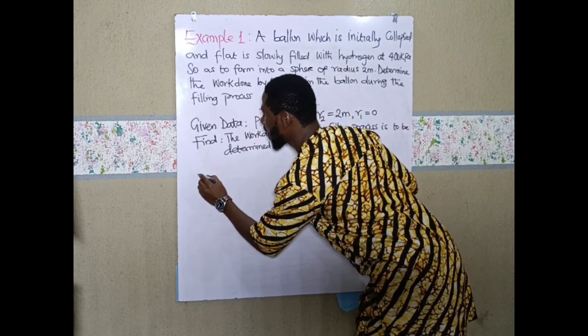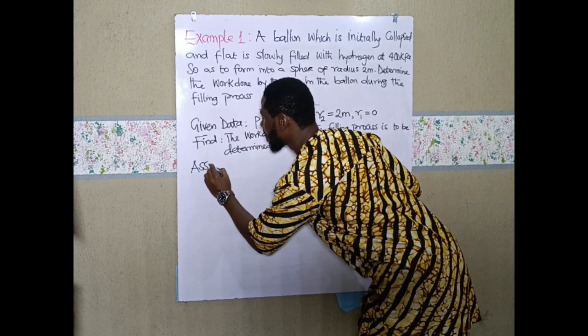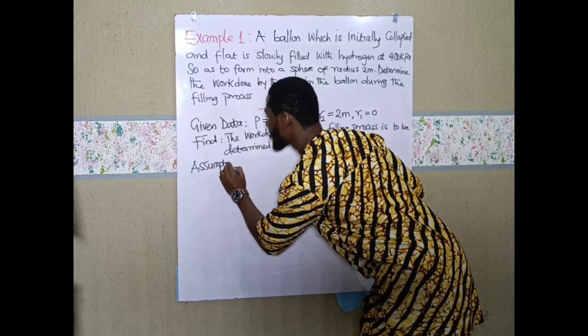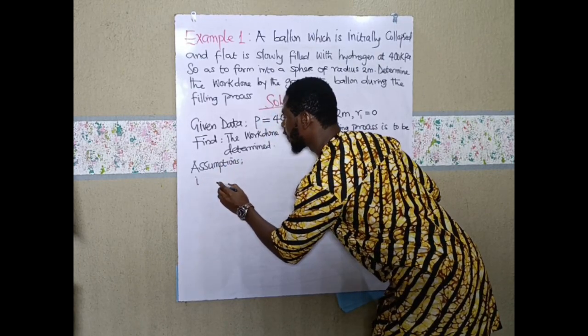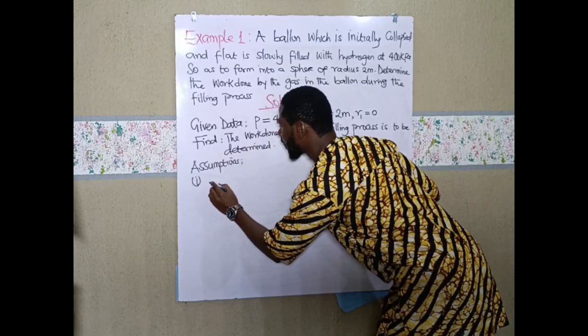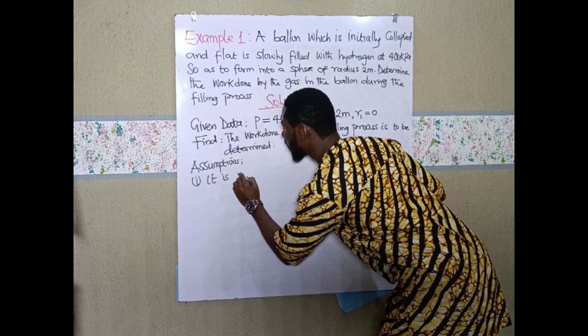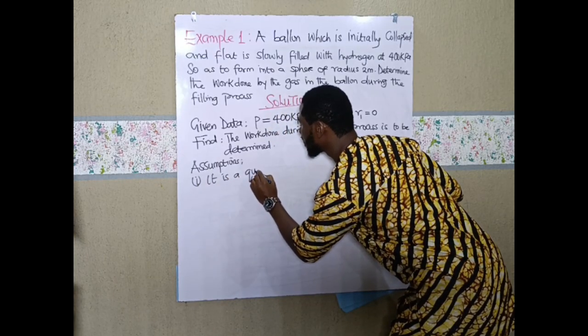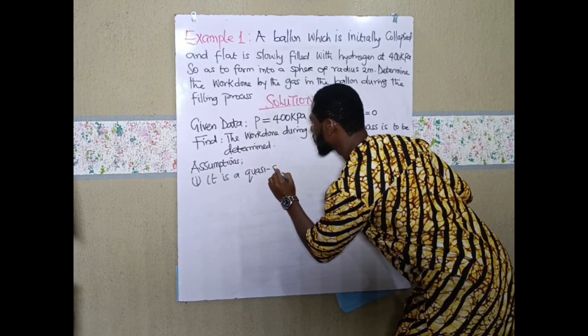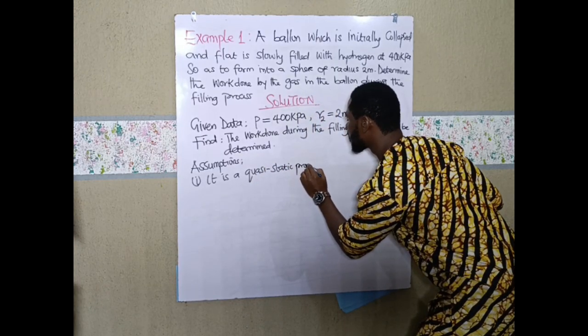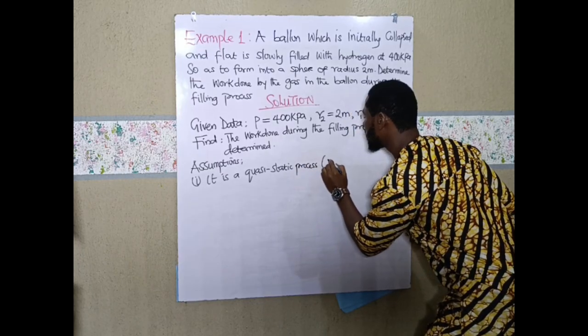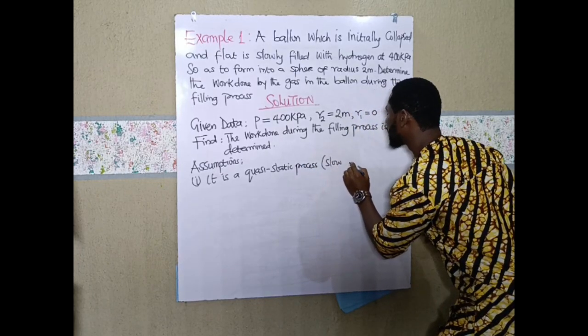The next step, assumptions. Assumption 1, it is a quasi-static process. That is a slow process.